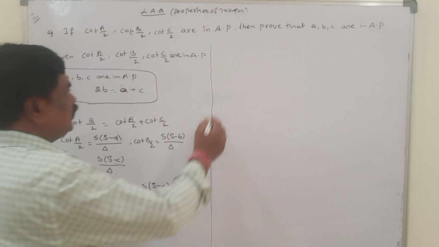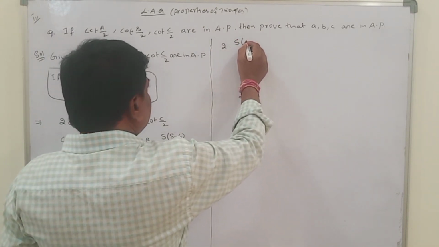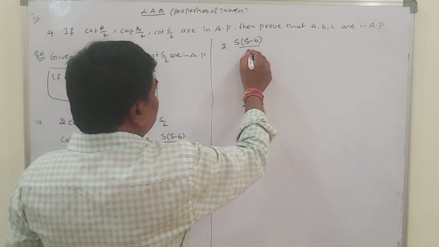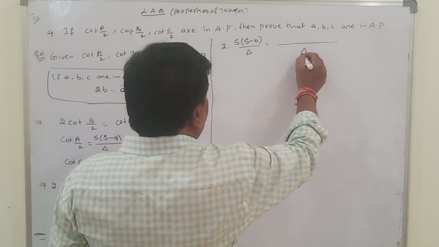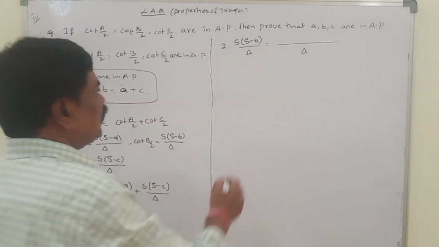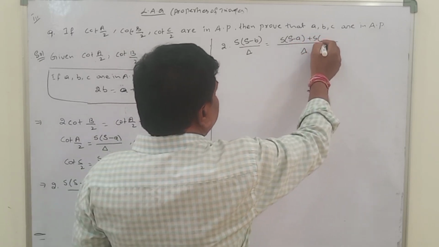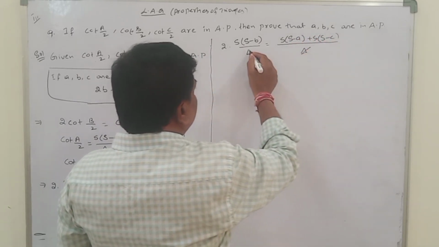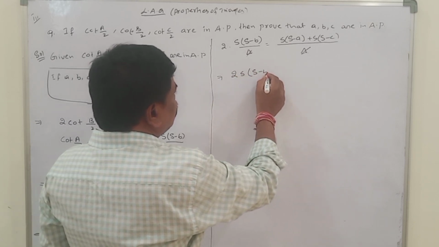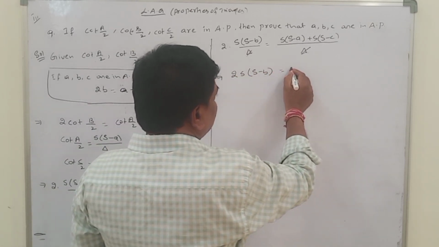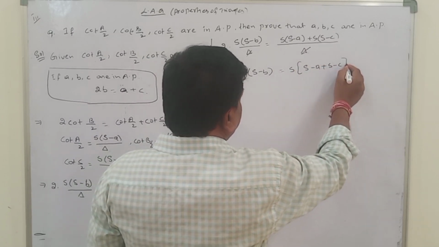Here you can write this as 2 into S into S minus b by delta is equal to, here the LCM is delta, so the numerator is S into S minus a plus S into S minus c. Delta and delta cancel. Then 2S of S minus b is equal to S common, S minus a plus S minus c.